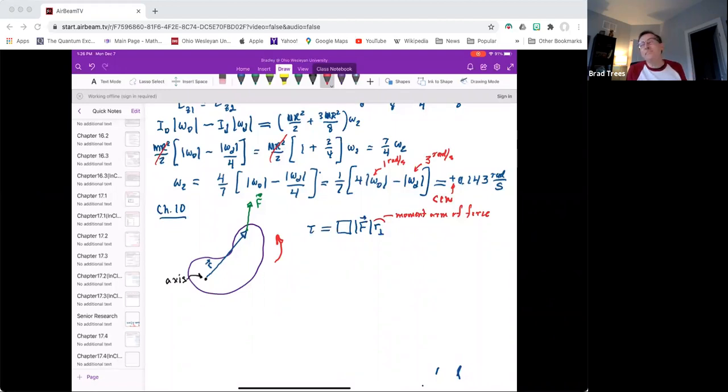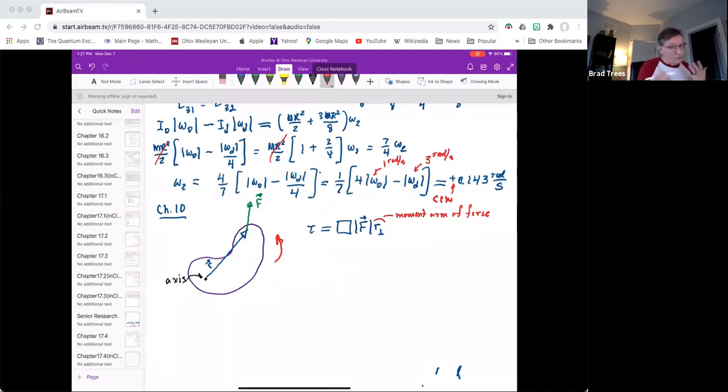In chapter 10, where the rotation was about a fixed axis, like this lima bean about the axis you see, you only have two choices for the rotation, counterclockwise or clockwise. That's why I said I had to be able to visualize this and see which way it would rotate, and it would rotate counterclockwise. The sign convention is that counterclockwise rotation is a positive torque, and clockwise rotation is a negative torque.